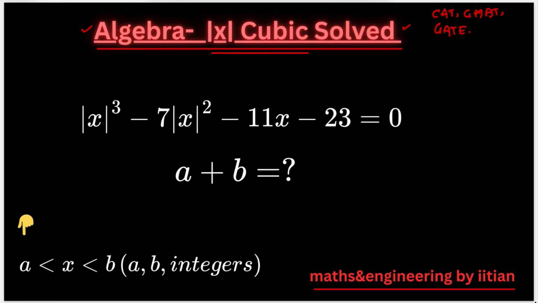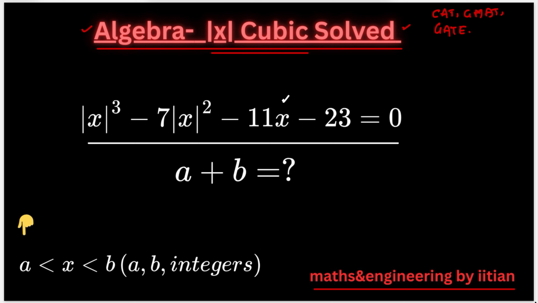For example, it's a combination of absolute x cube, absolute x square and an ordinary x. That is, absolute x cube minus 7 into absolute x square minus 11 into x. It's not absolute x, you see here. Minus 23 is equal to 0.